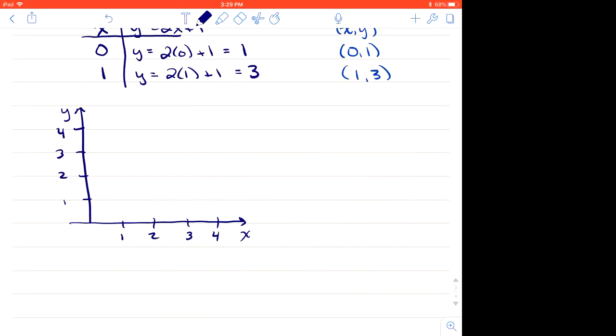So our first point is at 0, 1. So 0, 1 would be here. Which is also your intercept at 1. And 1, 3 is our next ordered pair. So when x is 1 and y is 3.